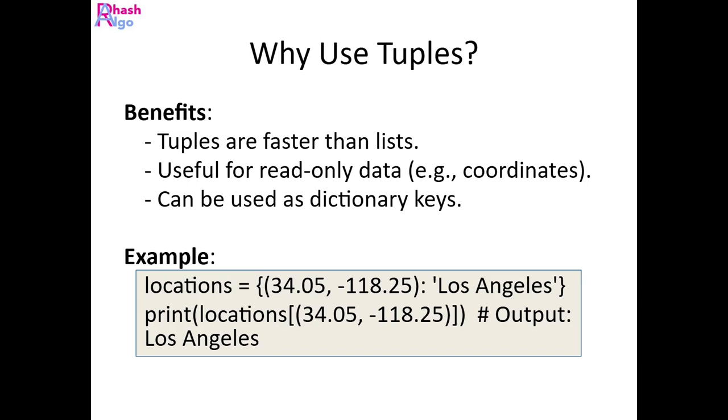First reason is memory efficiency. Tuples use less memory compared to lists because they are immutable. This means Python does not need to allocate extra space for resizing, which lists do.